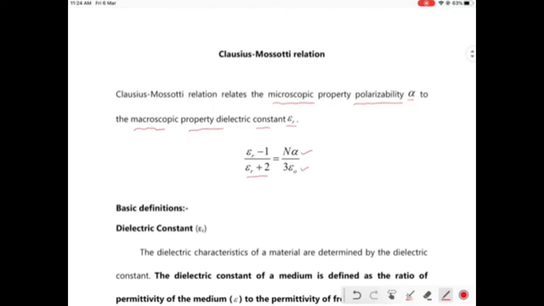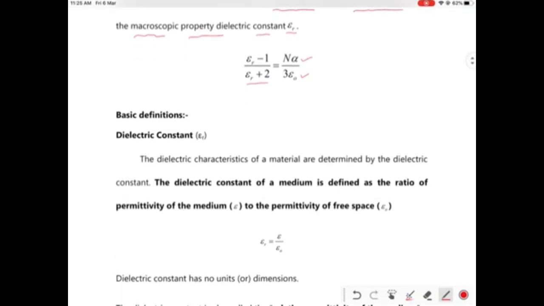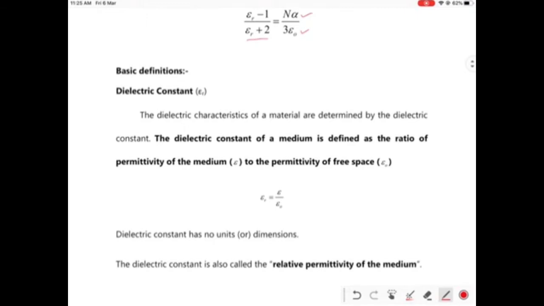Some of the basic definitions. Dielectric constant. The dielectric characteristics of materials are determined by the dielectric constant. The dielectric constant of a medium is defined as the ratio of the permittivity of the medium to the permittivity of free space. Epsilon r is equal to epsilon by epsilon naught.